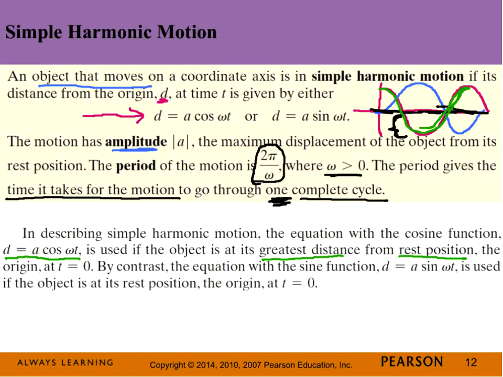So let me break that down. If we're talking about the cosine function, we're talking about starting an object from its greatest distance from the resting position. That's why we choose the cosine function, because the cosine function starts up away from the resting position.